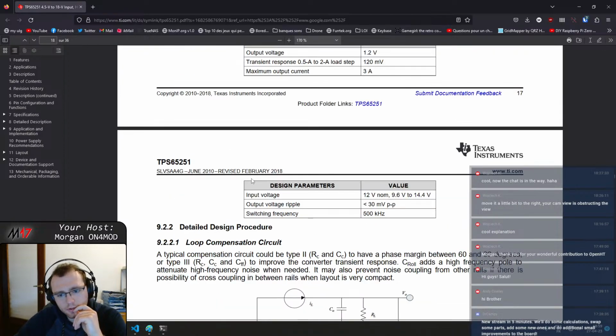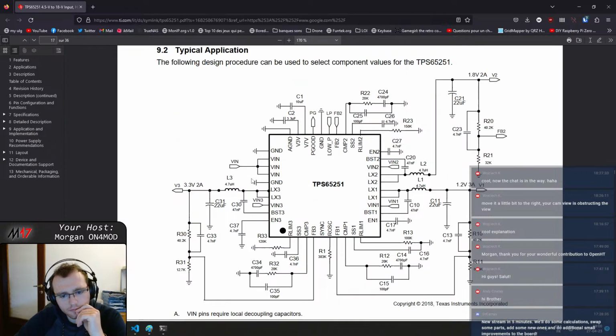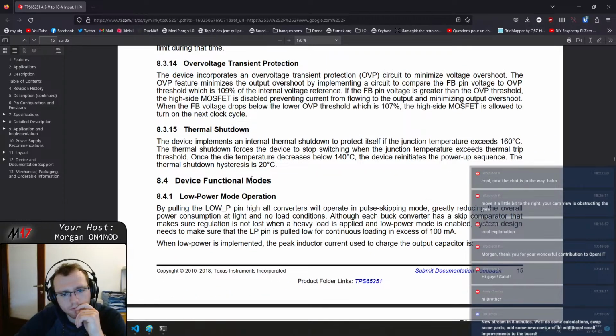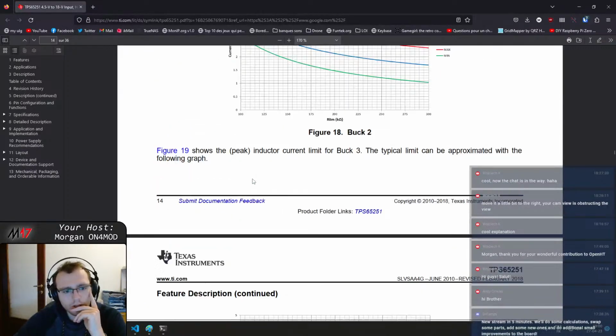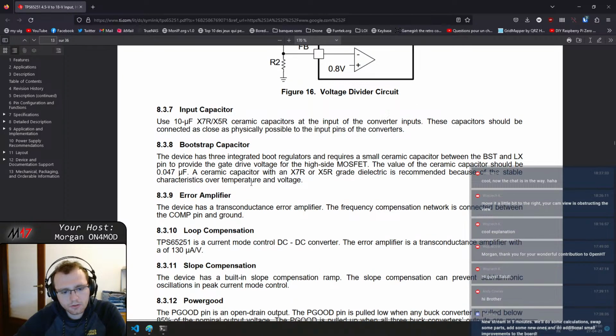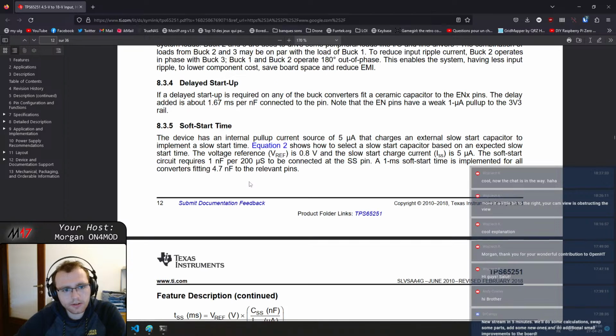So what do they use for soft start? Okay, it's around 1 millisecond for 4.7 nanofarad.